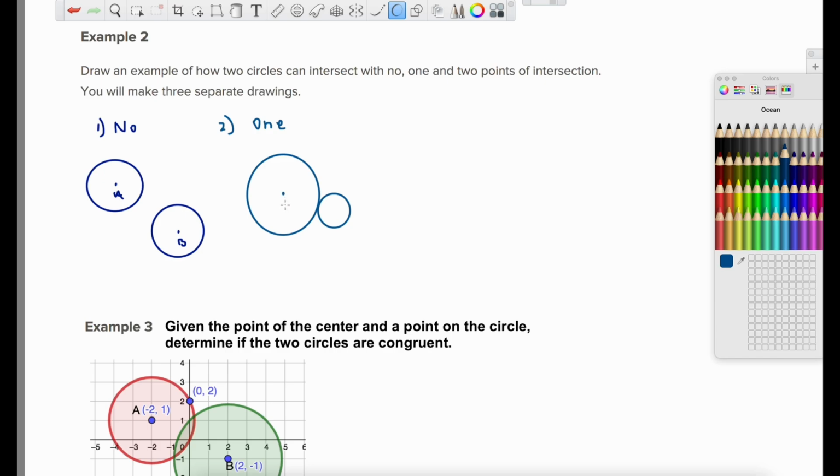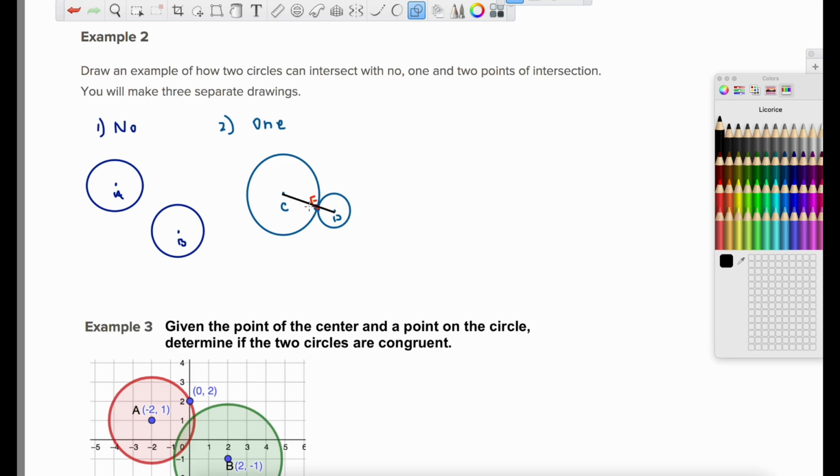So I have circle C and circle D. I'm saying they have one intersection here, intersecting at point E. Let's say this is point E. Of course, E is the point of tangency for circles C and D. If I were to draw a segment between C and D, E would be on that segment.